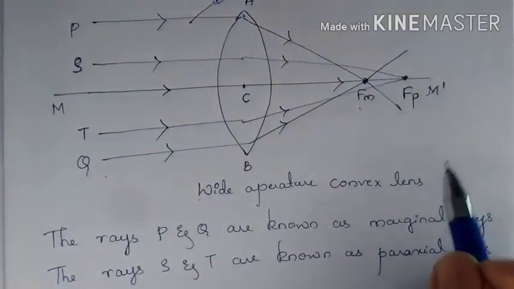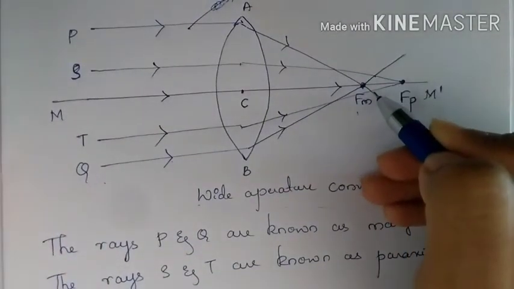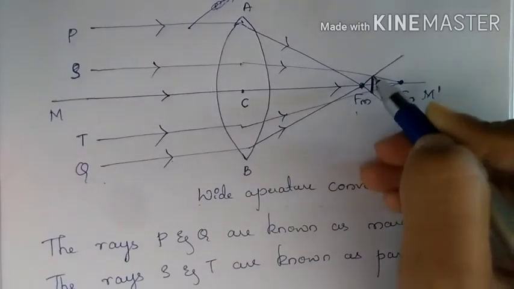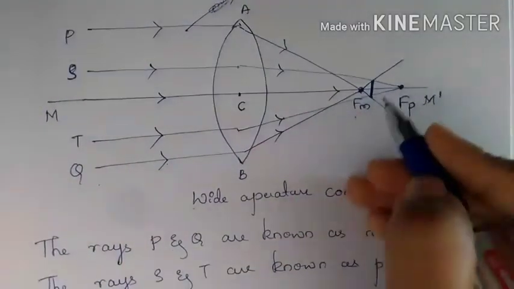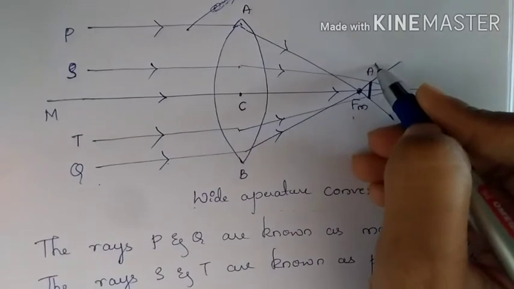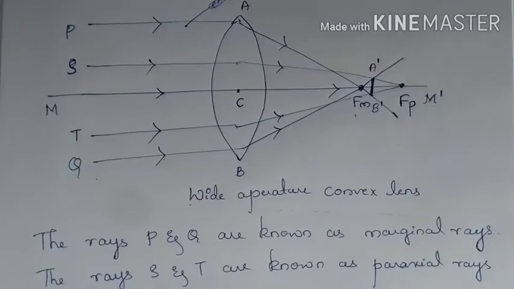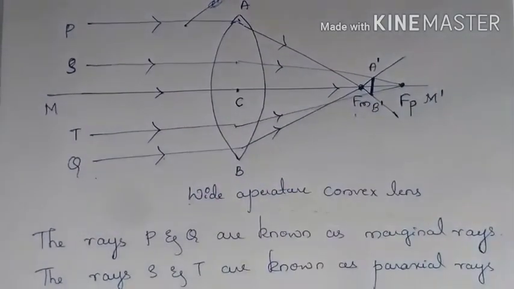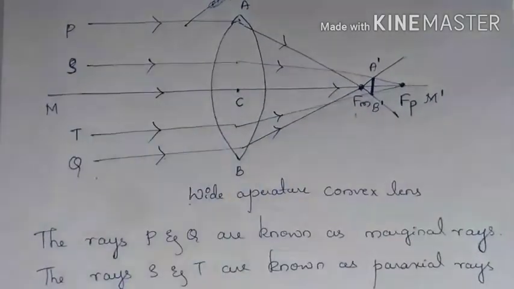Now if you see, this ray is intersecting the S ray and this ray is intersecting the T ray. So here you will get the best focused image. Let this image be A prime, B prime. Now there are two different focal points, FM and FP. FM is near to the lens and FP is far from the lens.